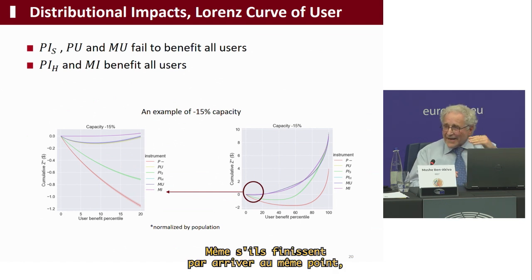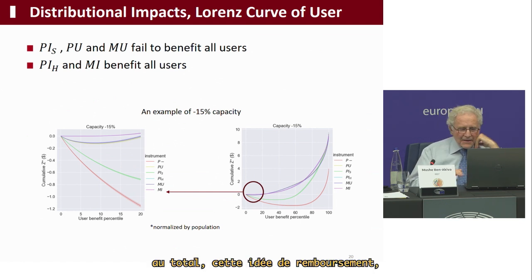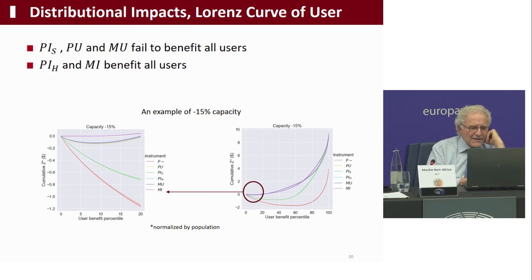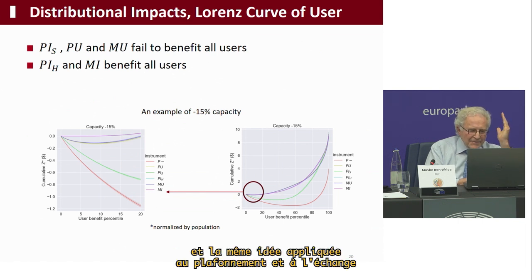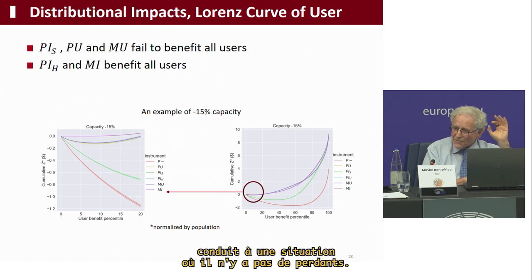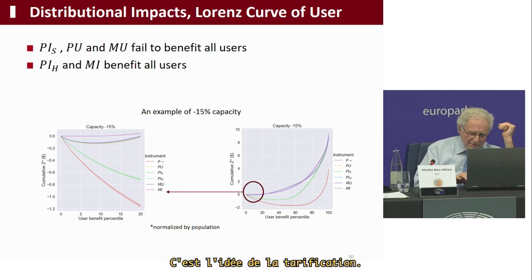While they get to the same point eventually, in total, pricing with this hybrid method of refunding the toll revenue, and the same idea applied to cap and trade, leads to a situation where there are no losers. So that's the idea of pricing.